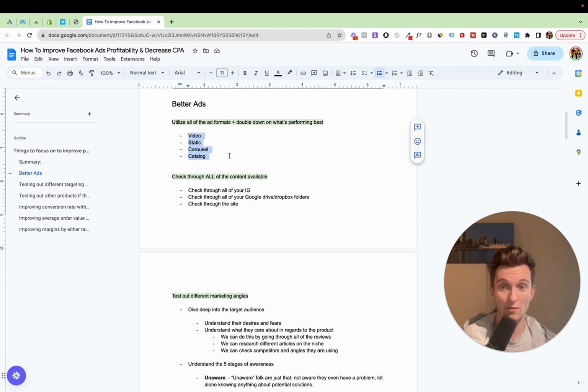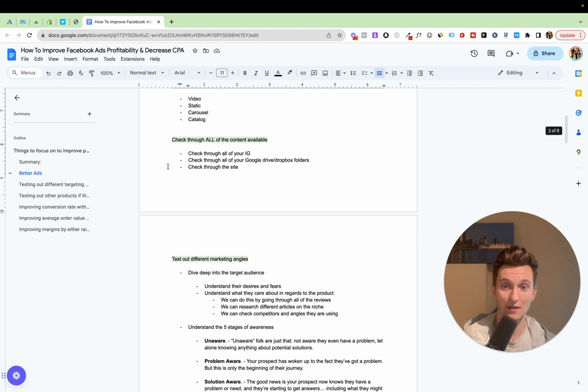You want to make sure you use all of them because you never know. What happens if carousels do absolutely kill it for your brand and you just never test it out? You just need to make sure you test them all out. Same with catalogs too. If you've got a ton of SKUs, that really makes a big difference. So first and foremost, I'd make sure to leverage all the ad formats.